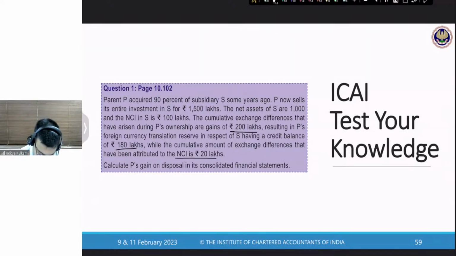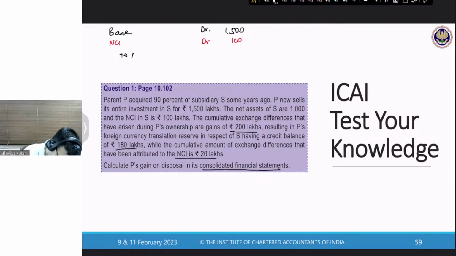Let me complete this. Calculate P's gain on disposal in its consolidated financial statements. Very simple. One, I am selling, so the entry will be bank account debit 1,500. Second, NCI is vanishing, so NCI debit 100. What else is going?